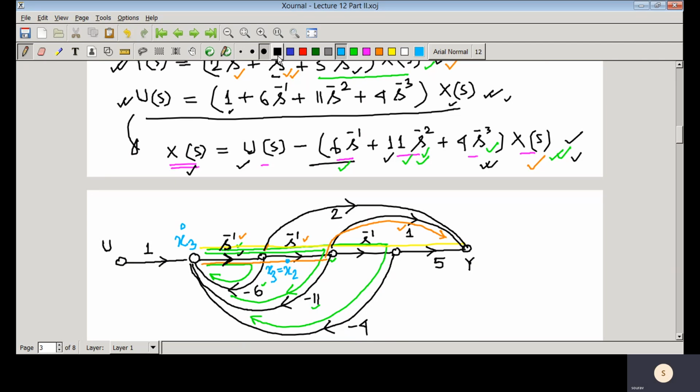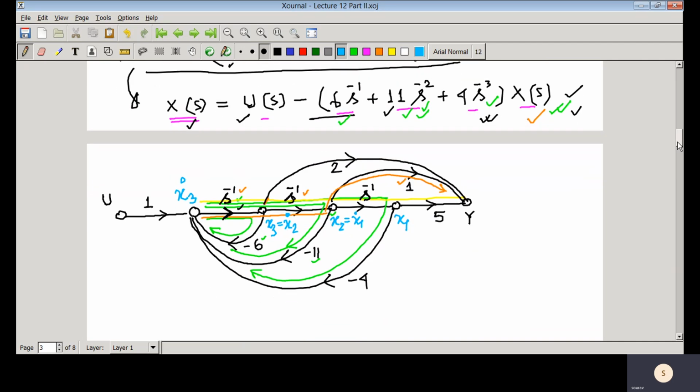Then again in the same way, as x2 dot is integrating, that is s to the power minus 1, we have another state variable, that is x2, and we are defining that x2 equal to x1 dot, and again there is one integration here. Then we are getting another state variable, that is x1. So here we have defined that there are three state variables and they are in phase variable form.